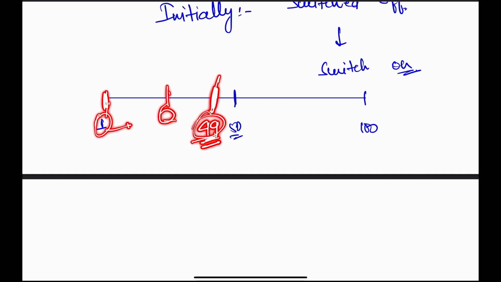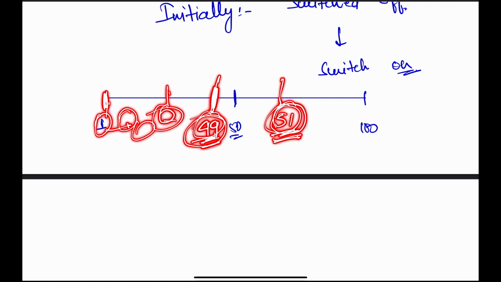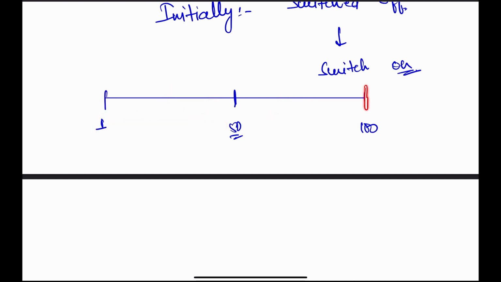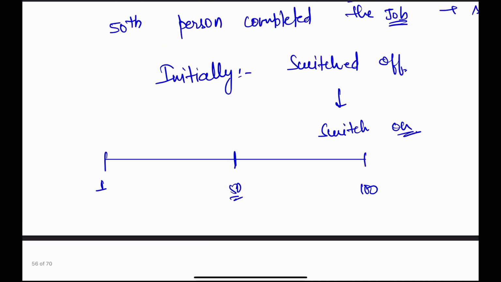After that, if the 51st person were to come, he wouldn't bother about all these bulbs, he would just change the state of his own and go. Just like the 100th person, he is not going to come because we have already stopped after the 50th. He didn't get the chance to turn on or off.